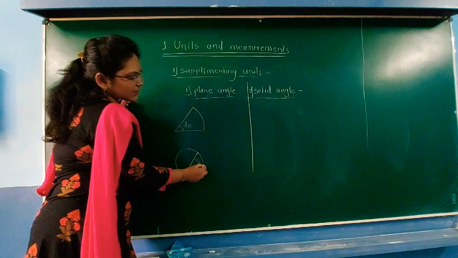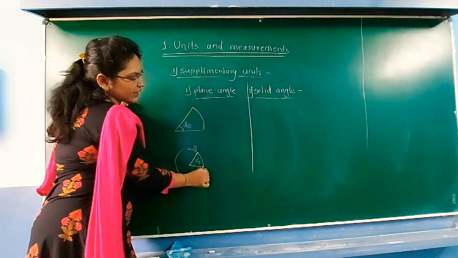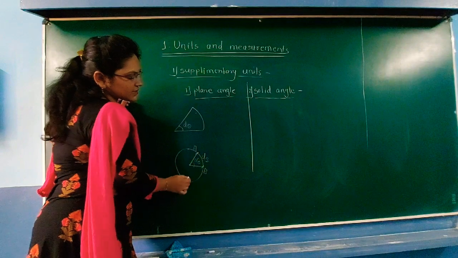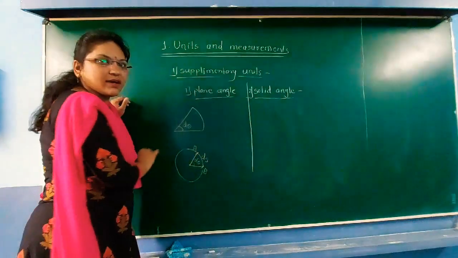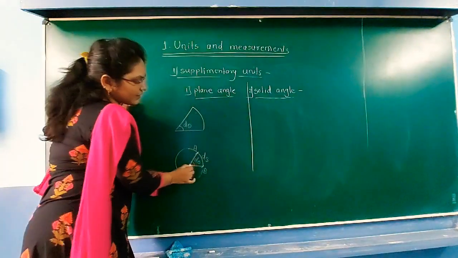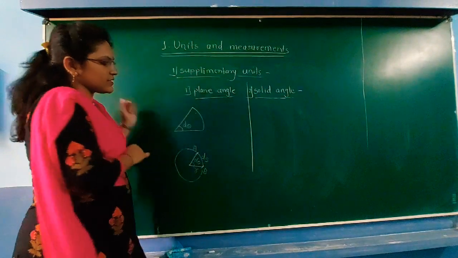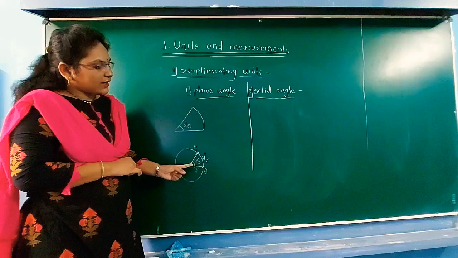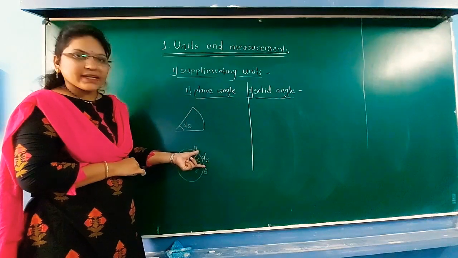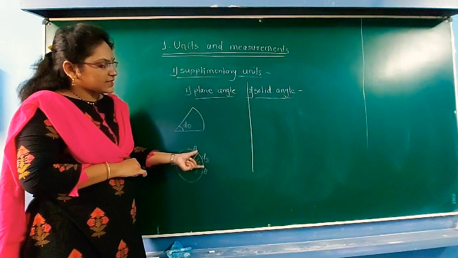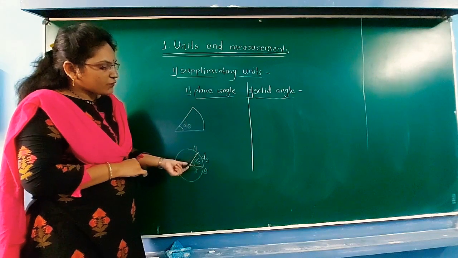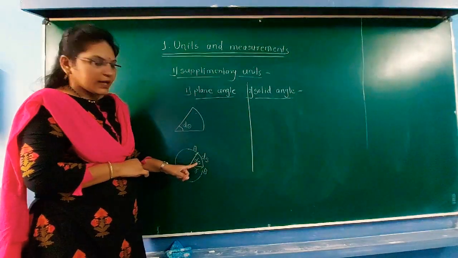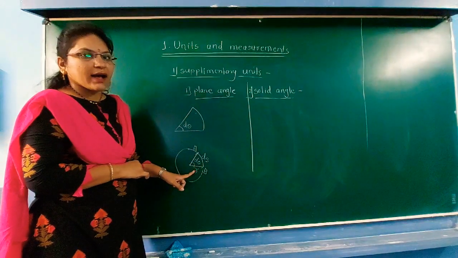This arc AB has length ds. ds is the arc length and the radius of the circle is r.